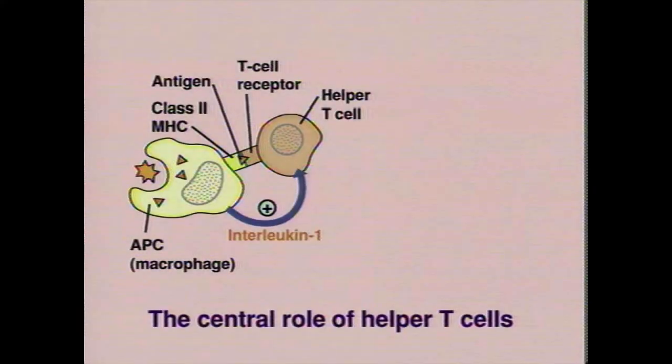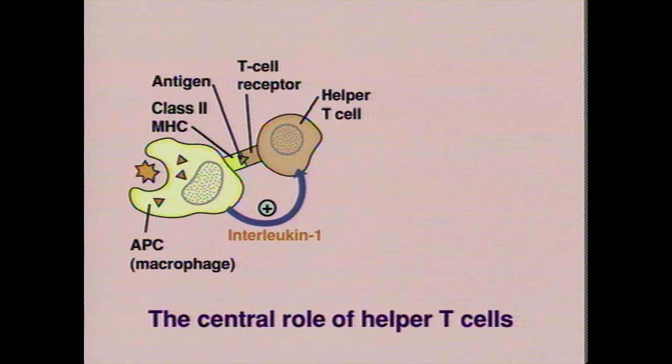All right, so here you have an antigen-presenting cell, right? The macrophage gobbled up the antigen and presented it, so it becomes an antigen-presenting cell. You see that the antigen is displayed on the MHC class 2 complex.